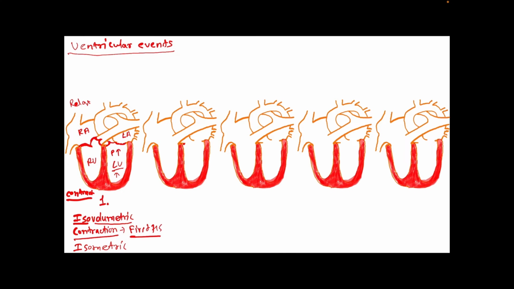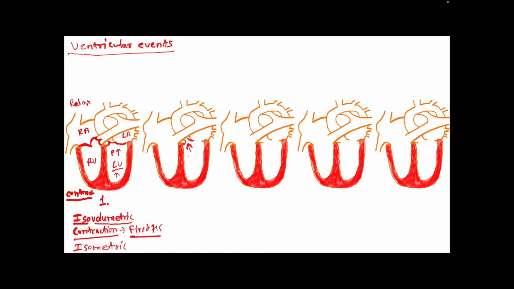Now as there is an increase in the pressure inside the left ventricle, when the pressure inside the left ventricle becomes more than the pressure inside the aorta, it will push the semilunar valves. In the second diagram we can see it will push the semilunar valve, and the aortic valve will get open.